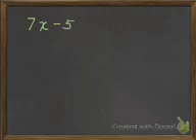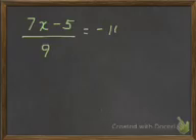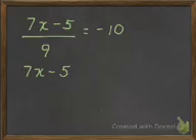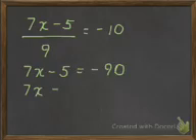Now let's solve the second equation, which was 7x minus 5 over 9 is equal to minus 10. Again, we multiply both sides by 9, and this gets rid of the 9 in the denominator and leaves us with the numerator, 7x minus 5, and then 9 times minus 10 is minus 90. If we add 5 to both sides, we get 7x is equal to minus 85.